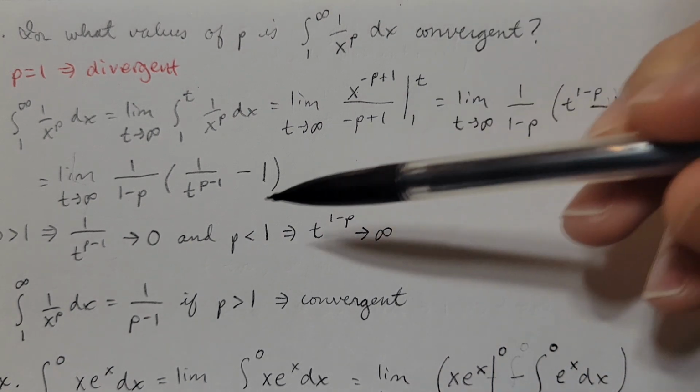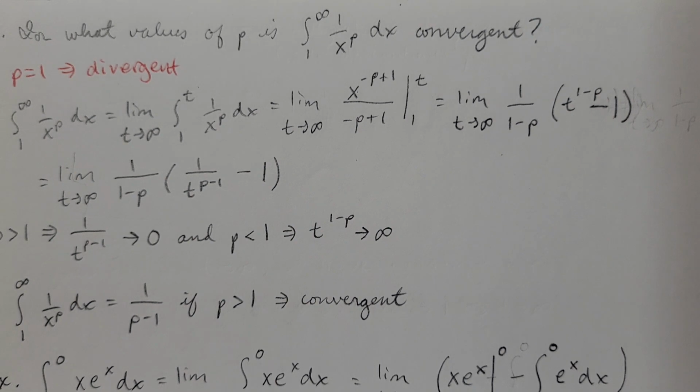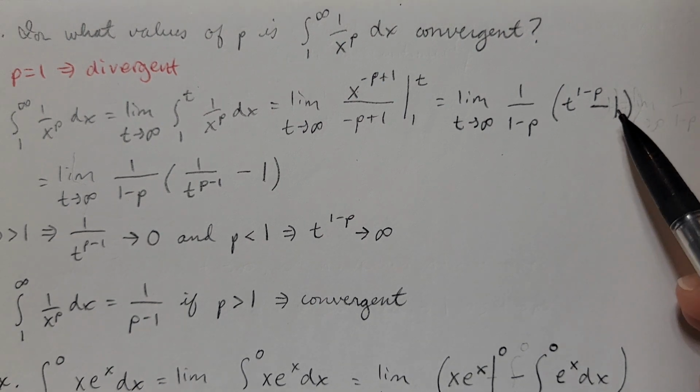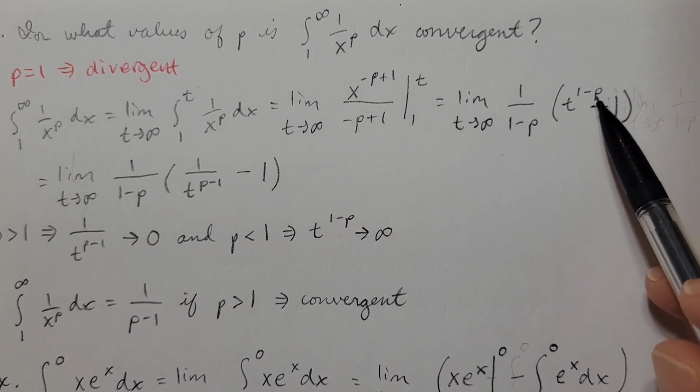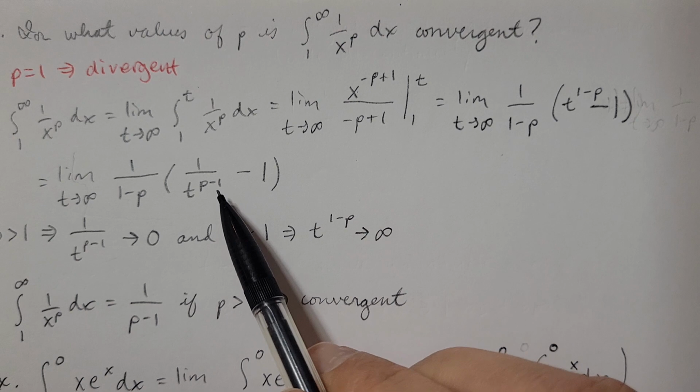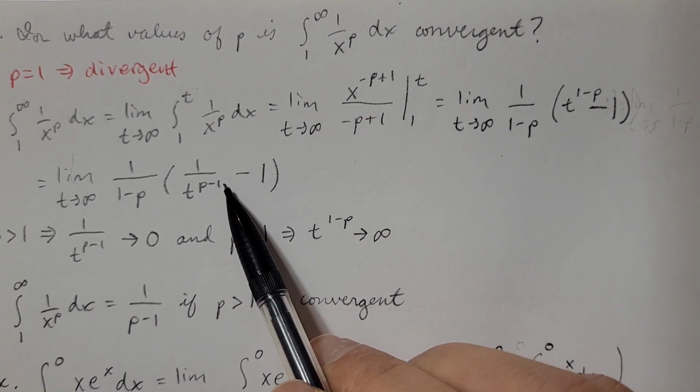That's the same thing as 1 over t to the p minus 1. In other words, a to the power x is the same as 1 over a to the power negative x. So all I'm doing here is using that rule, multiplying the power by negative 1. So negative 1 plus p, that's the same as p minus 1.